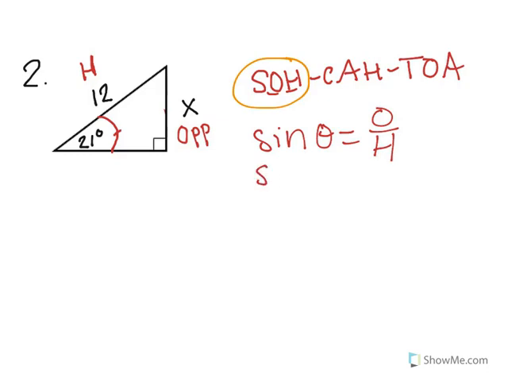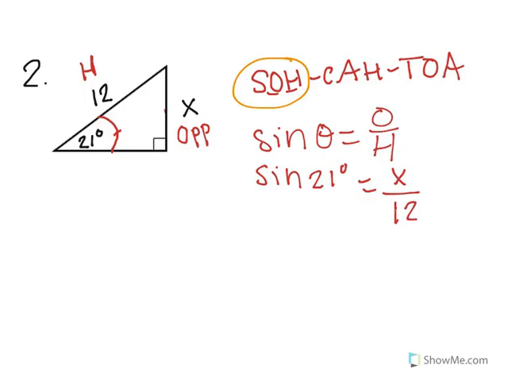Now just plug in: sine of my angle, which is 21 degrees, equals O, which here is x, over H, here it's 12. So sine of 21 degrees equals x over 12.